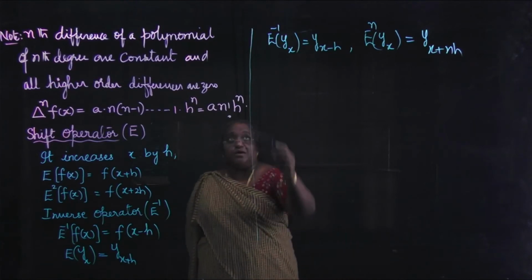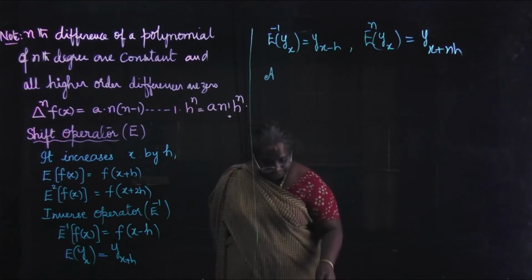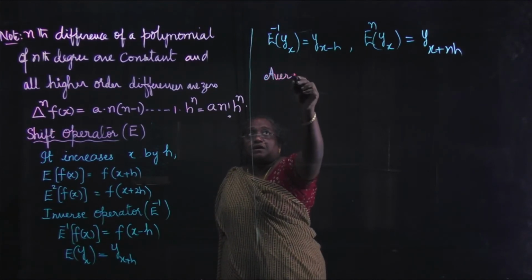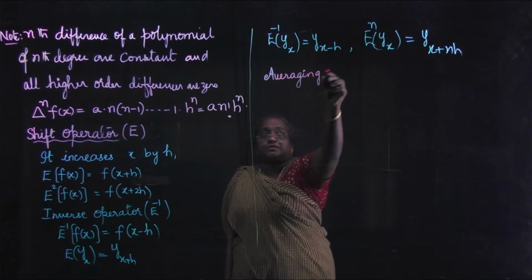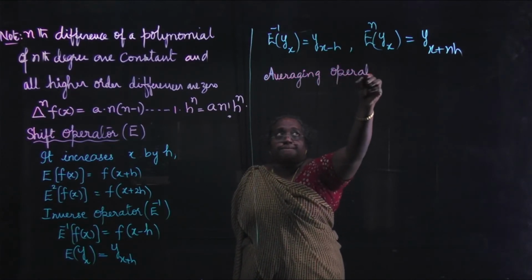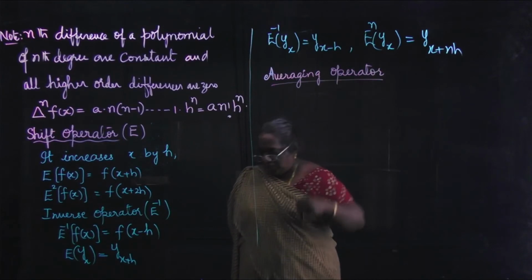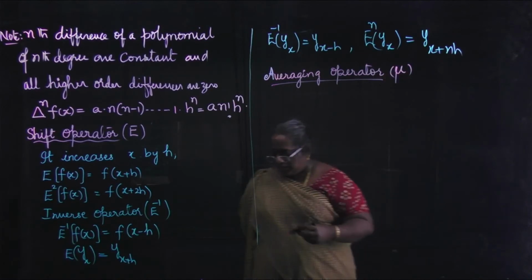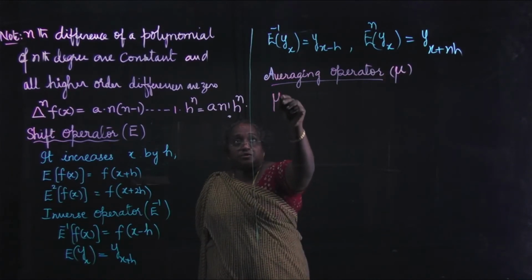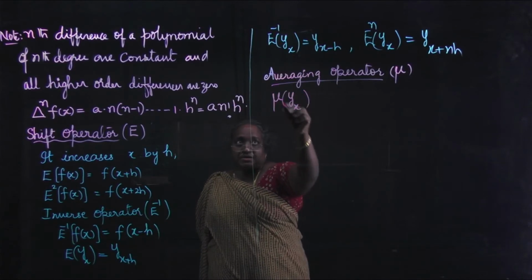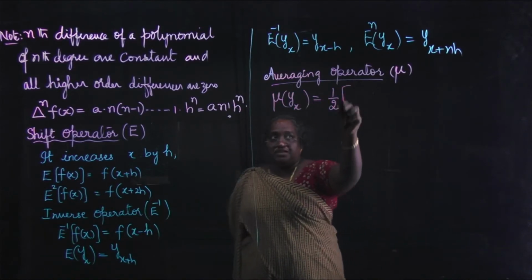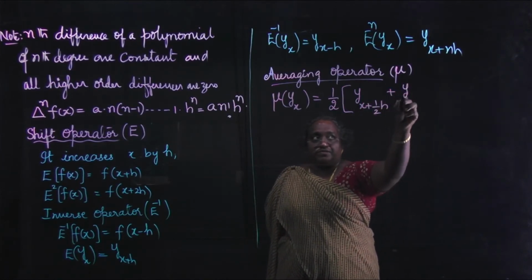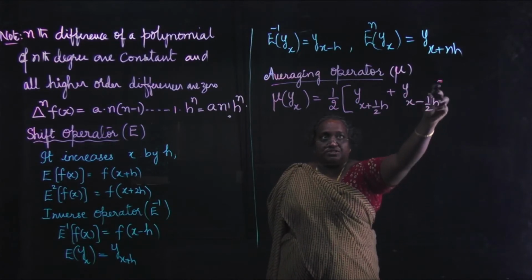So next we have the averaging operator. It is indicated with mu, and it is defined as mu of y x is equal to 1 by 2 into the average, y of x plus half h plus y of x minus half h.